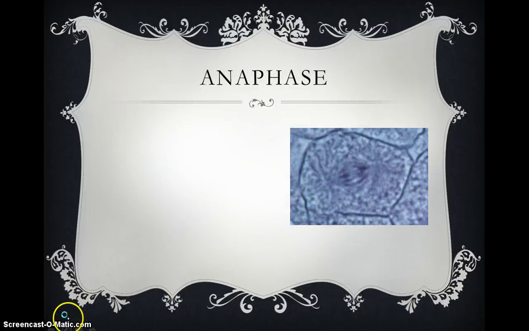Anaphase also is quite simple in comparison to prophase. There is but two things going on. One of these being that the chromosomes are going to separate and begin migrating to opposite sides of the cell.